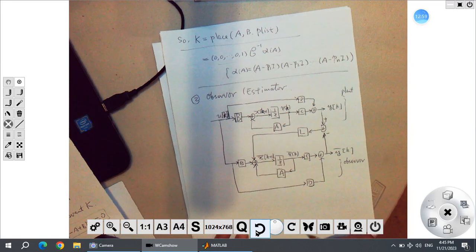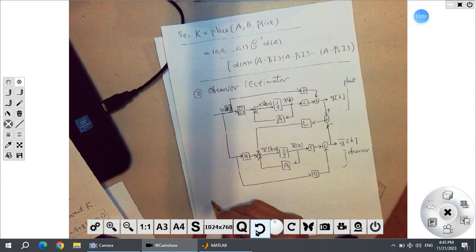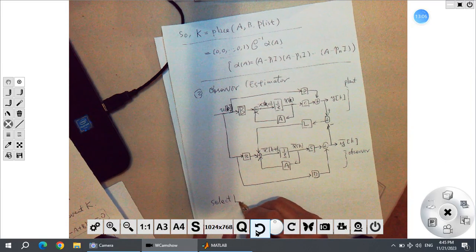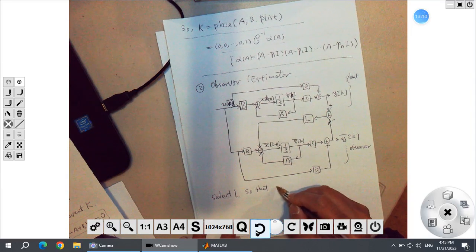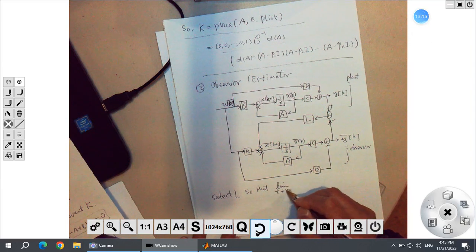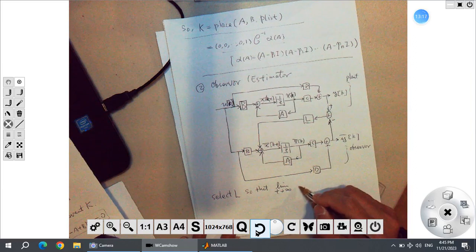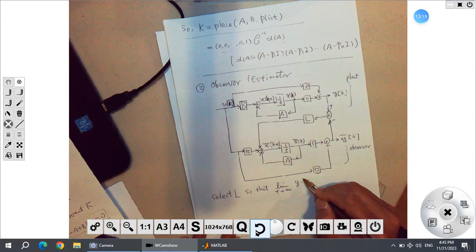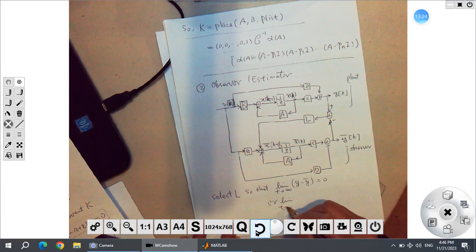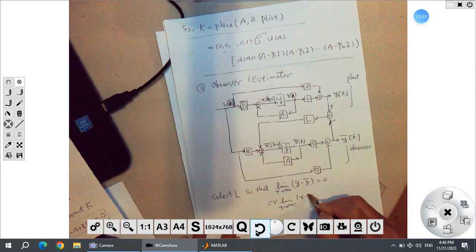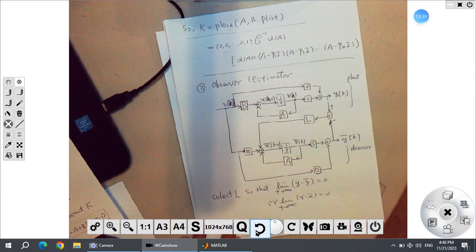And what we will do is select L so that the limit as t goes to infinity of y bar equals y, or we say y minus y bar is 0, or the limit as t goes to positive infinity of x minus x bar equals 0. So we want these two, right?